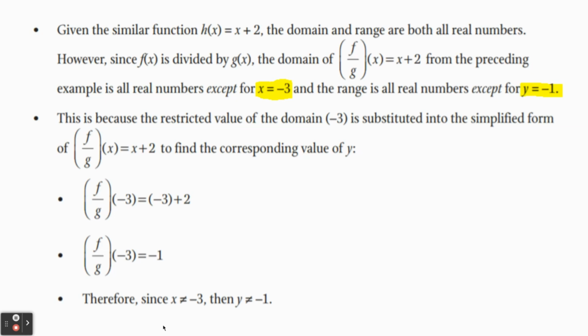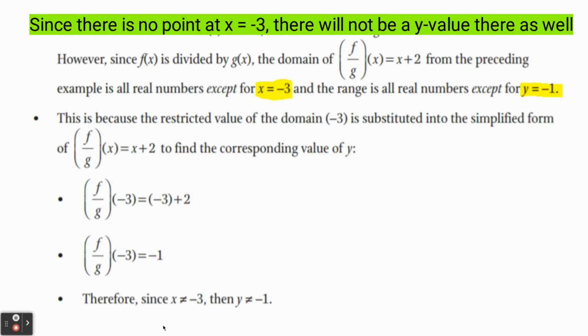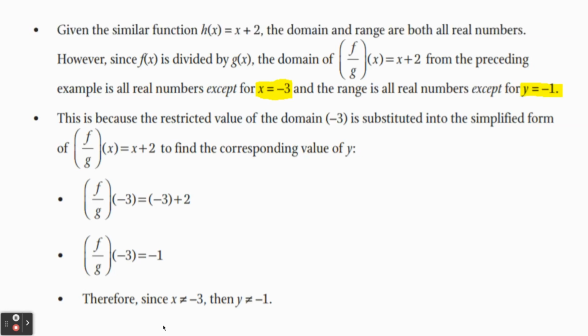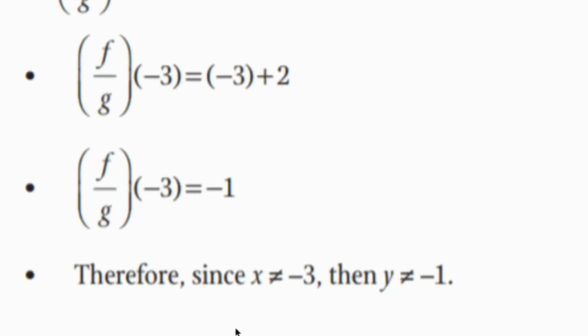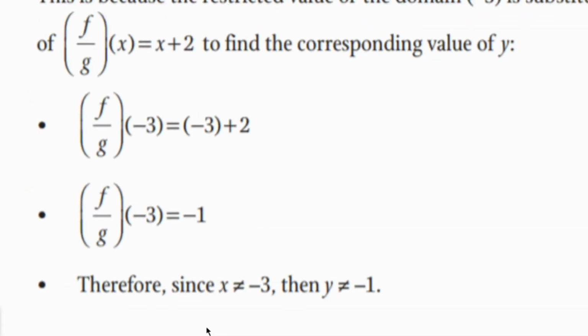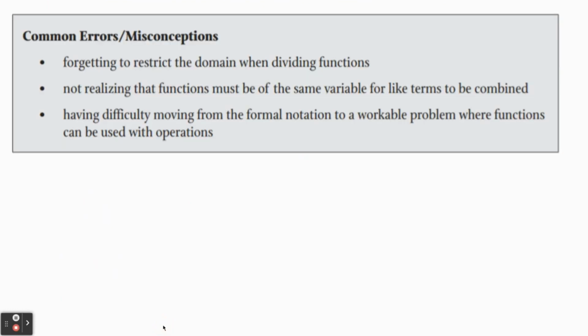So we have to restrict that domain at x equals negative 3, which means also that the range has been restricted. Because if there was a point at x equals negative 3, our final answer would have yielded a y value of negative 1. So both the domain needs to be restricted at negative 3, and the range needs to be restricted at negative 1.